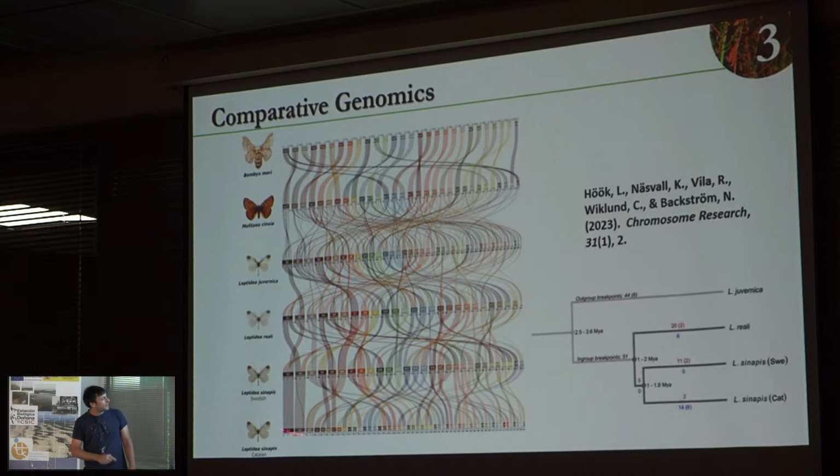But what is similar is that here you have again Leptidea sinapis from Northern Europe and Leptidea sinapis from Spain. And again, there are so many rearrangements within species, around 30 fissions and fusions. And when we compare with other closely related species, again we see this relationship that gets flatter when we go back in evolution.